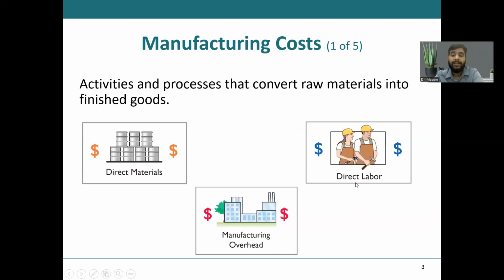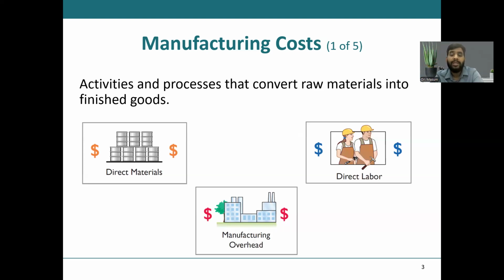Direct labor, similarly, means the labor who are directly involved in the production process. Without their touch, you cannot imagine finishing the production. But there are some indirect labors. Indirect labor means the labor who are important, but without their presence, you can still finish the production.